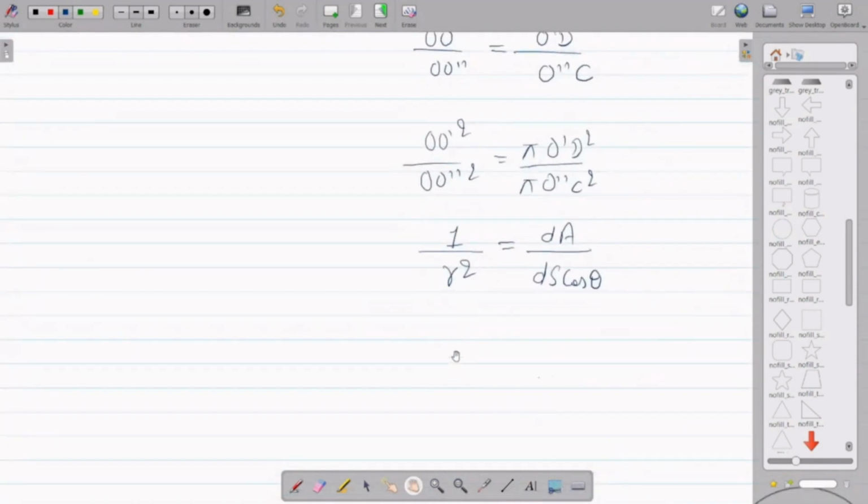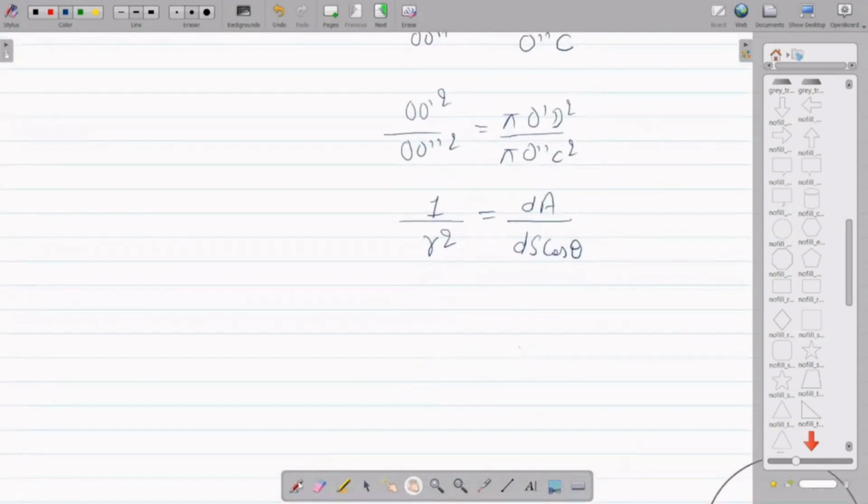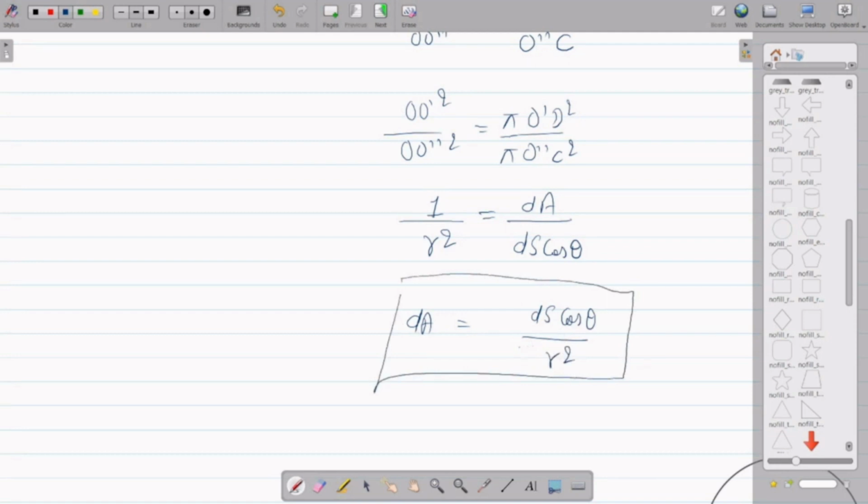So if you rearrange this equation, it gives you dA equal to ds cos theta divided by r square. This is the final expression which we are interested in.